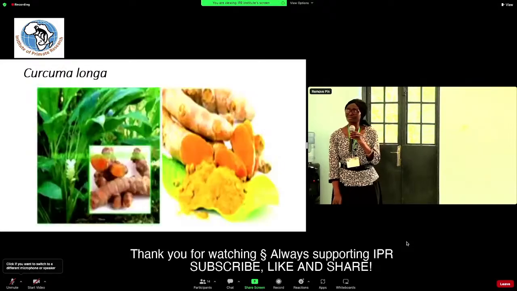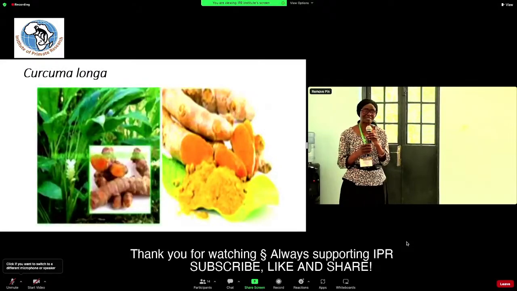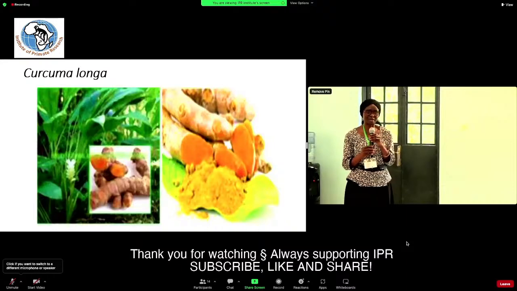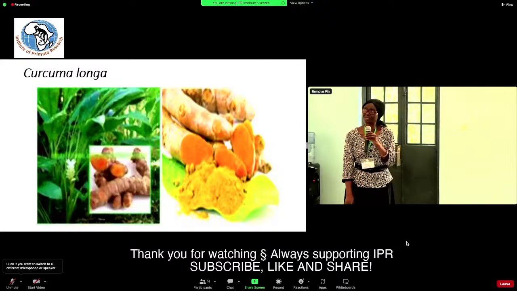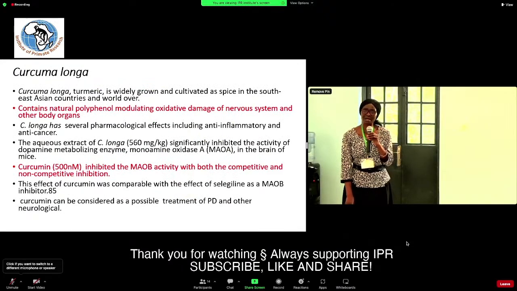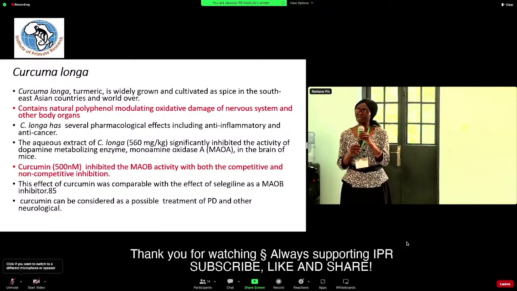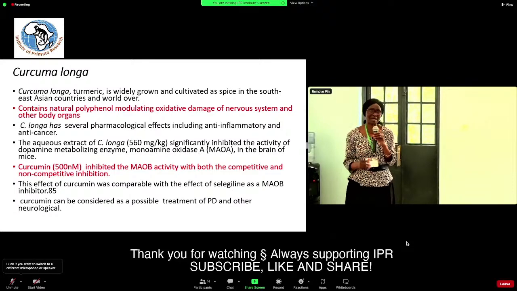Next, you have our good friend, which all of us should be able to recognize, Curcuma longa, the common turmeric, a very useful herb. Next. It contains curcumin, which is a major active ingredient, which has also been extensively studied and has been shown to inhibit, for example, the monoamine oxidase B activity.